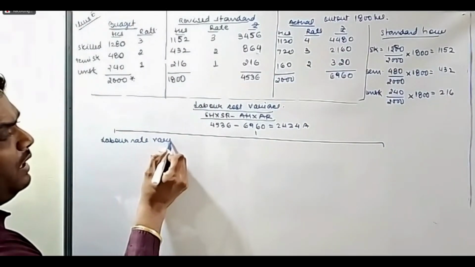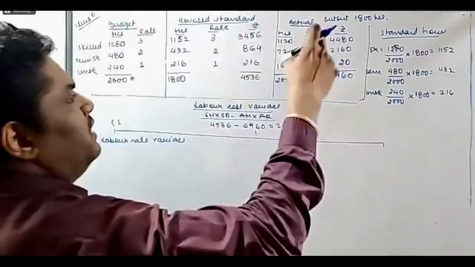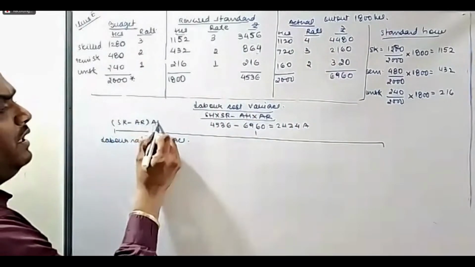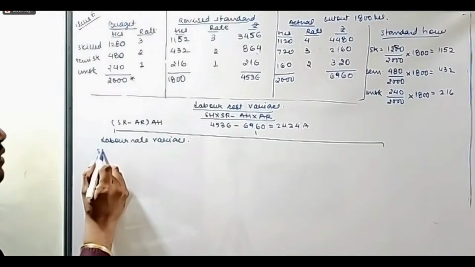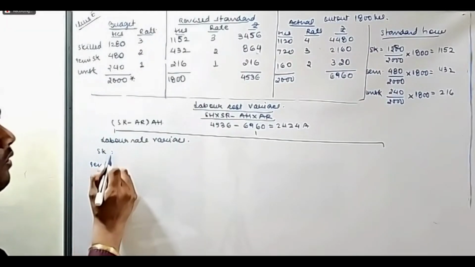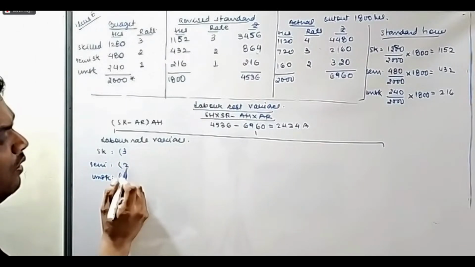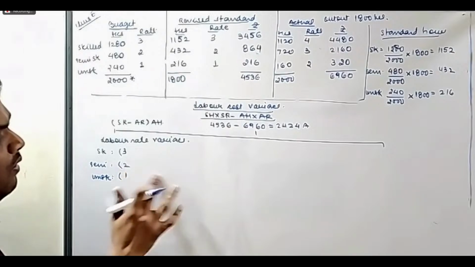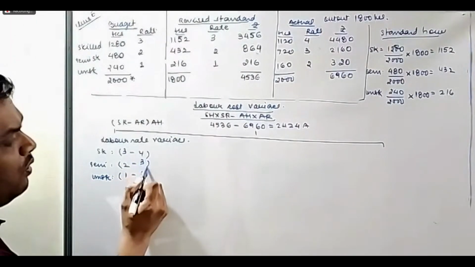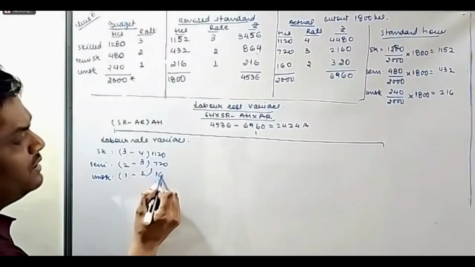When talking about labor rate variance, again same way, this rate should have been, this rate happened, into actual hours. So standard rate minus actual rate into actual hours. So 3, 2, and 1 and 4, 3, and 2 into my actual hours, that is 1120, 720, and 160.